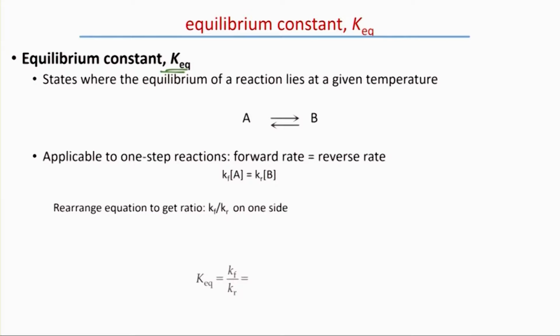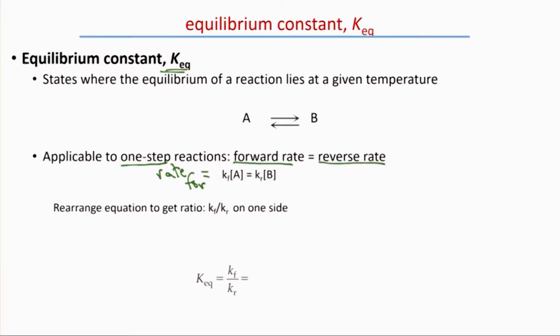Let's look right here. So for a one-step reaction, a very simplified reaction, we know at equilibrium the forward rate equals the reverse rate. Now the rate forward is equal to the K forward times the concentration of A. We're just going to say order of 1 here.